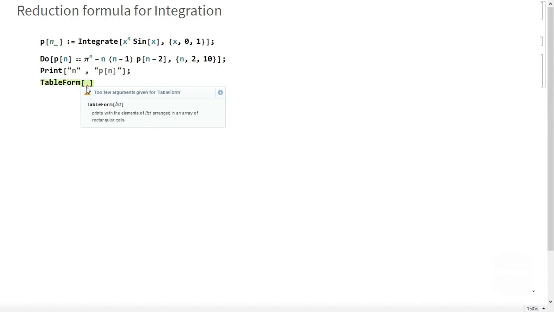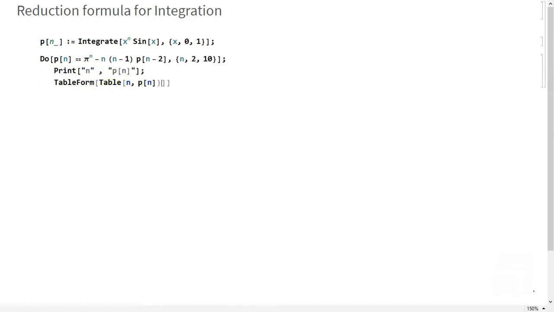And then again you have to type something called Table. The second Table you just typed inside the TableForm gives an array of data, and the TableForm will take that array of data and put it in a very nice manner. You will see very shortly. I want to have my n's and my p of n's.